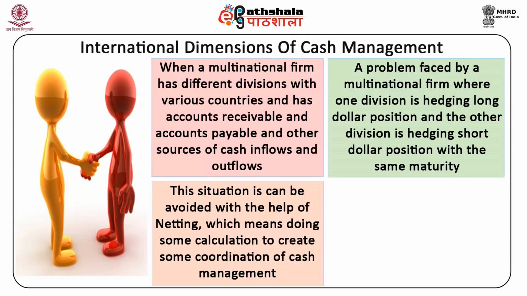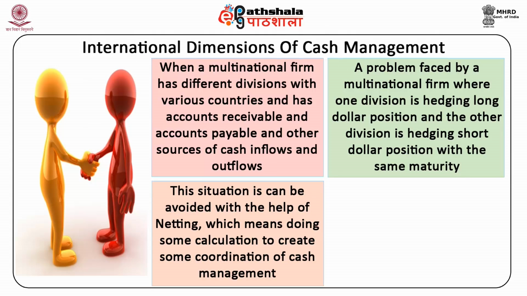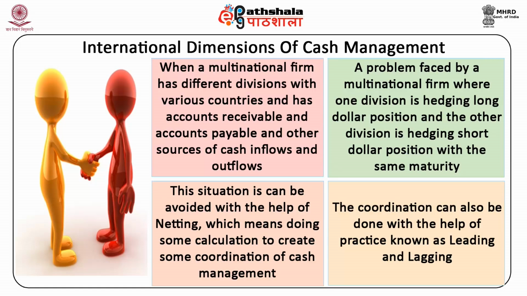This situation can be avoided with the help of netting, which means doing some calculation to create some coordination of cash management. The coordination can also be done with the help of a practice known as leading and lagging.